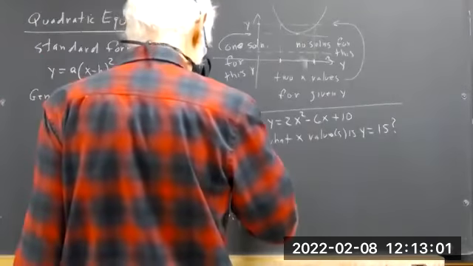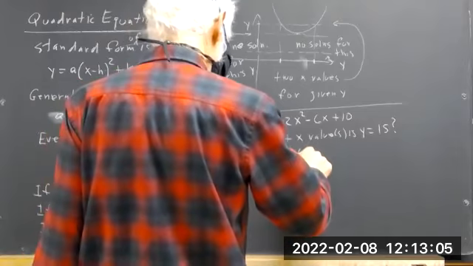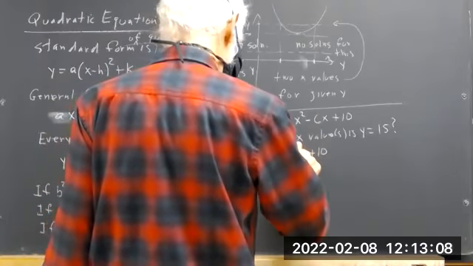Well, you get 15 equals 2x squared minus 6x plus 10.